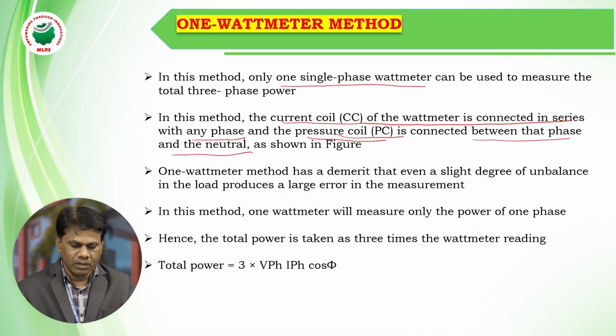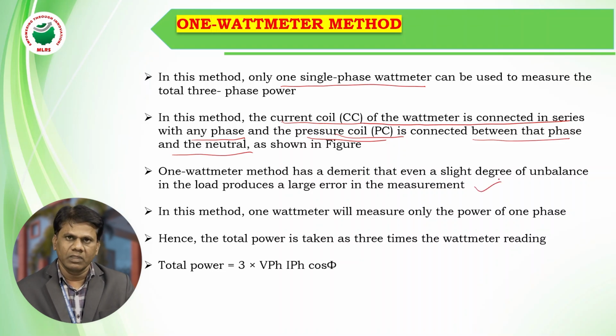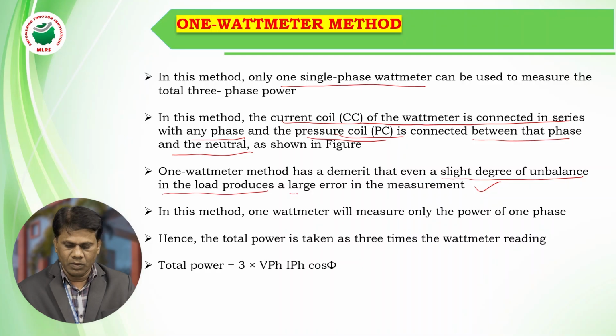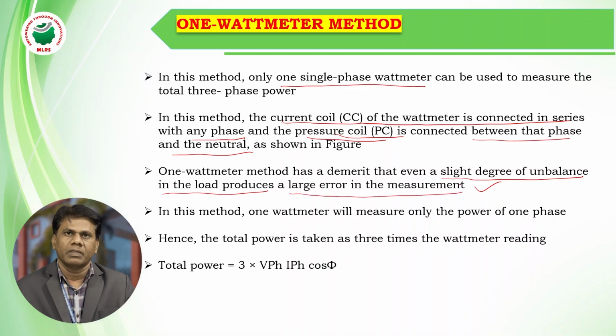In the single wattmeter method, or 1 wattmeter method, there is also a demerit. Any slight degree of unbalance in the load produces a large error in the measurement of power.